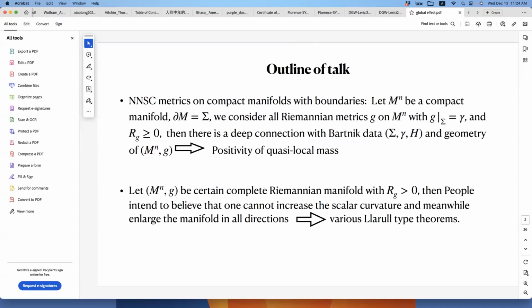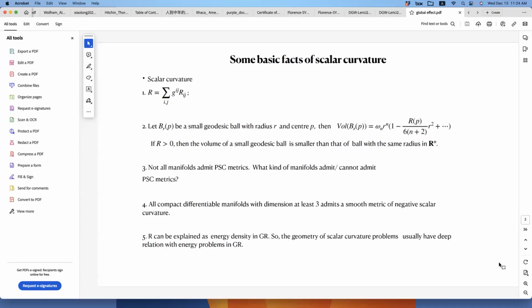Now, let's get started with some basic facts of scalar curvature. By definition, the scalar curvature is the trace of the Ricci tensor, and actually it is the simplest curvature invariant for a Riemannian manifold with dimension greater than or equal to 3.